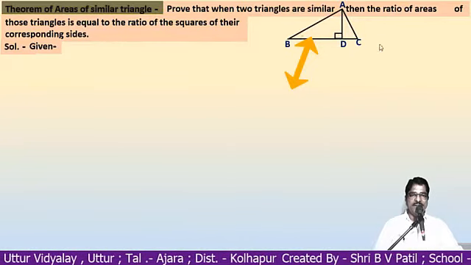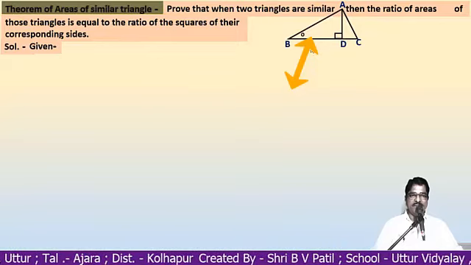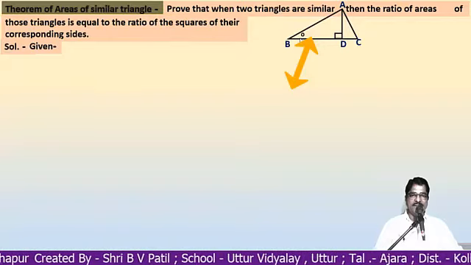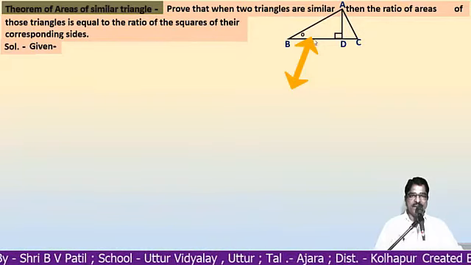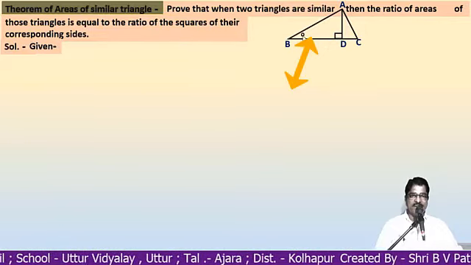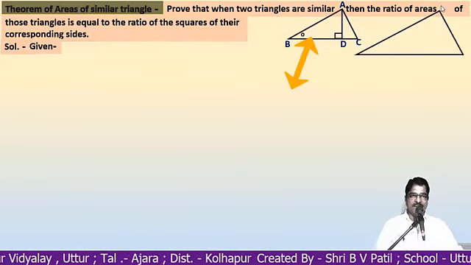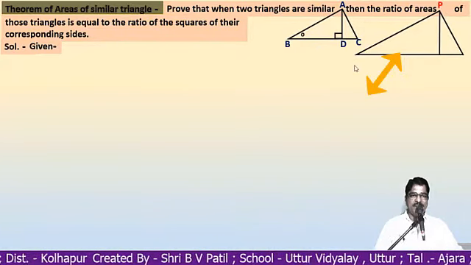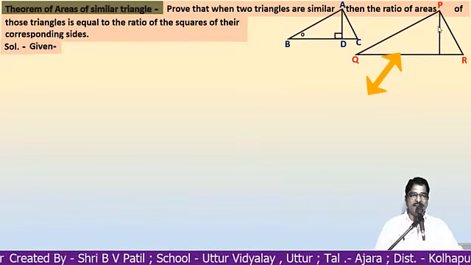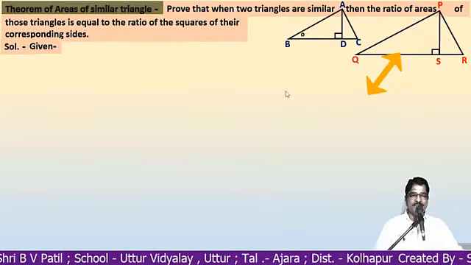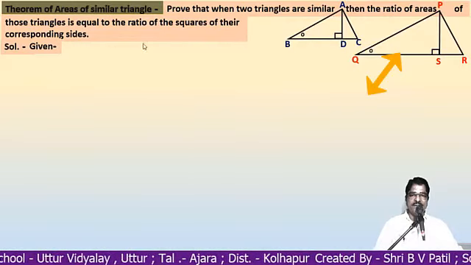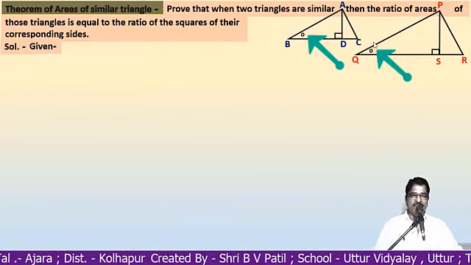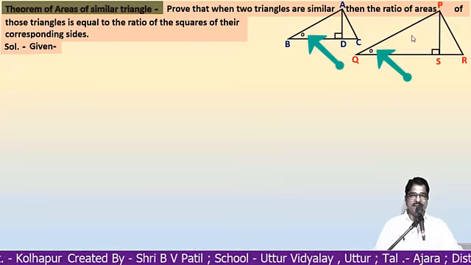Then a similar triangle we draw here. Here angle B we take congruent, because two triangles are similar, therefore corresponding angles are congruent. Then the second triangle is triangle PQR, and here the perpendicular is PS. Then angle Q and angle B are congruent because these two triangles are similar.